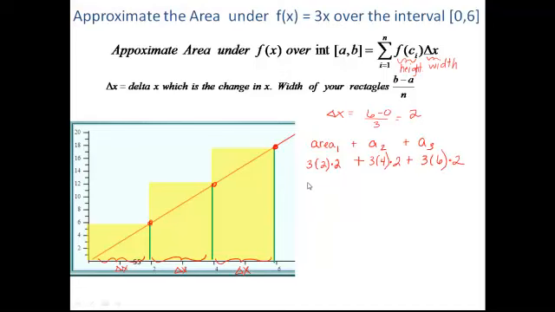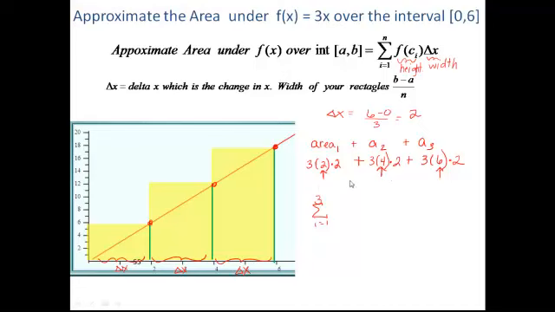Alright, so in other words, if you can kind of see what's going on with this, this is basically our index number. We're still going to be using our Riemann sum from the index starting at 1 up until all the way 3. I am going to use the idea that I am interested in the x values, in the f of x values that occur at the ends of each one of these intervals.